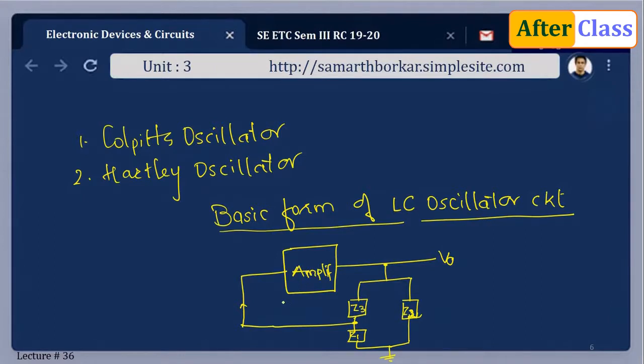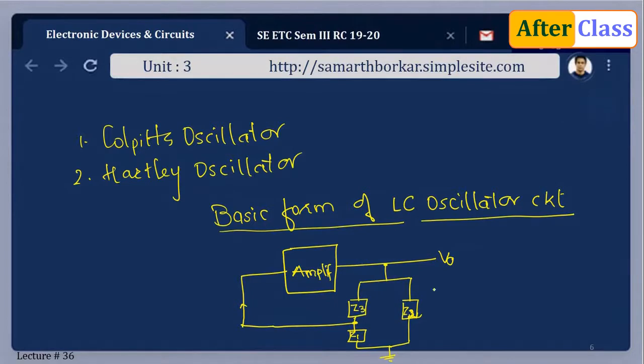So the methodology will be, we are going to derive a generalized expression in terms of Z1, Z2 and Z3, and then depending upon the choice of oscillator, maybe a Colpitts oscillator or Hartley oscillator, we are going to substitute the equivalent impedance in place of Z1, Z2 and Z3.